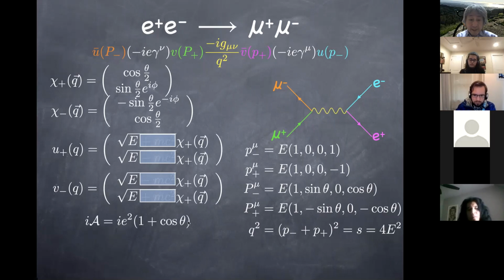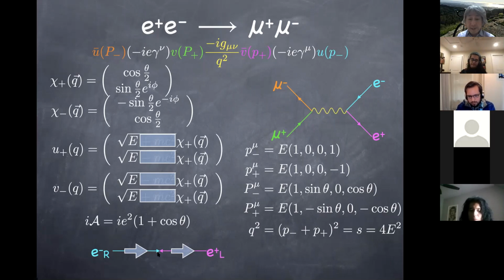And you can understand this behavior, 1 plus cosine theta, because I chose this helicity combination where the electron has positive helicity, right-handed, and the positron has negative helicity, left-handed. So if you look along the beam, the two spins add up. So there's a net angular momentum 1 along the direction of the beam.